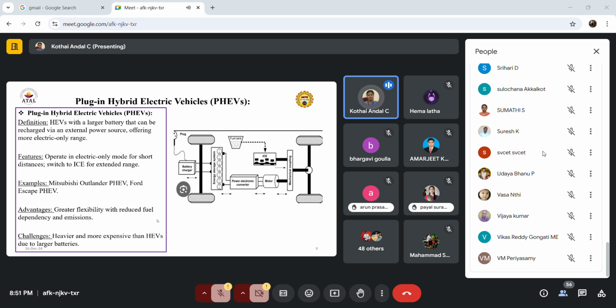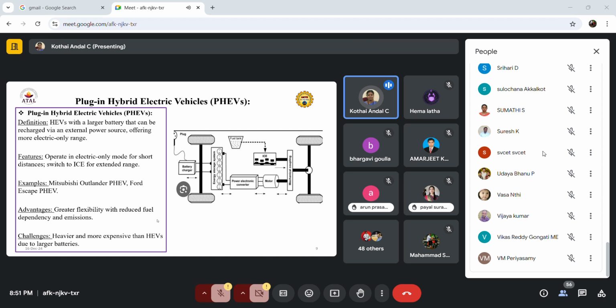This can be used for extended range. The main propulsion depends upon the battery only. Suppose the battery charge gets lower than 20%. We know that a battery is best maintained between 20 and 80% charge, right?